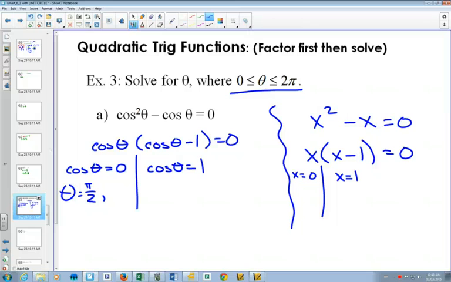Pi over 2 and 3 pi over 2. Is the x-coordinate ever equal to 1? What angles would that be? 0 and 2 pi.